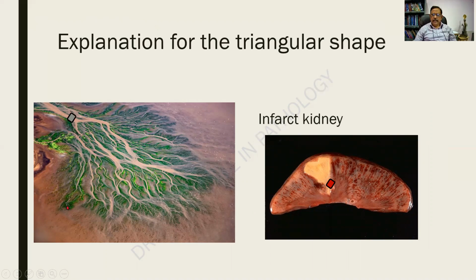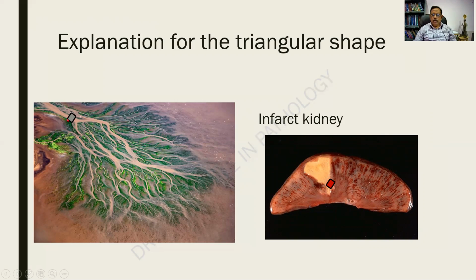This is actually an aerial view, the delta of a river rather, and then it shows multiple branches. Finally, you find that they all go into the sea. And this is the plain where it is very fertile.